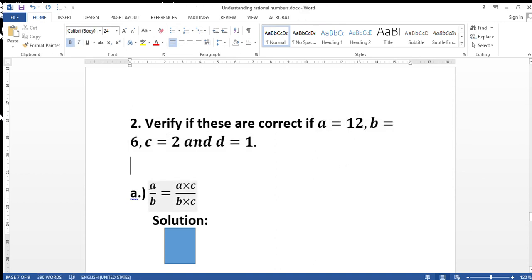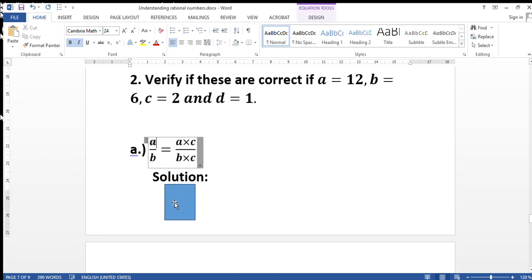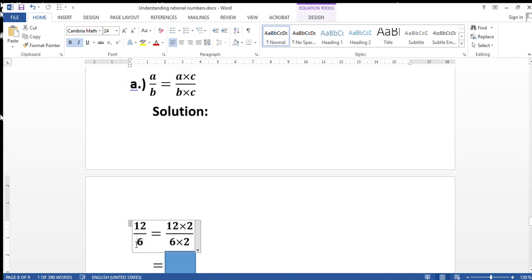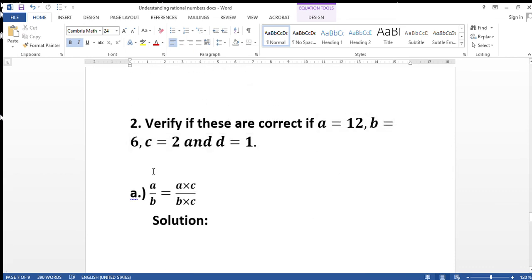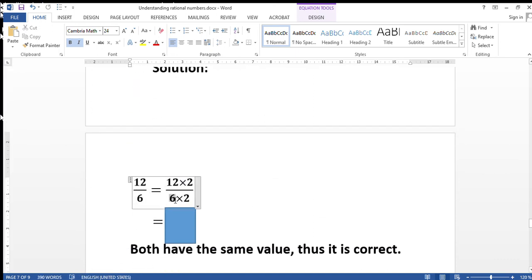First question, we have a over b is equal to a times c over b times c. Replacing the values, a is 12, b is 6. Then we have a times c, and our value of c is 2, so multiplied by 2, and b also multiplied by 2.